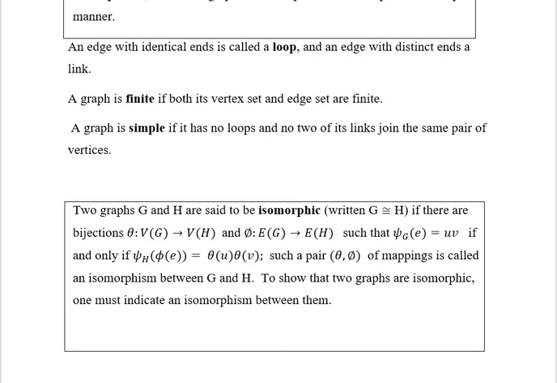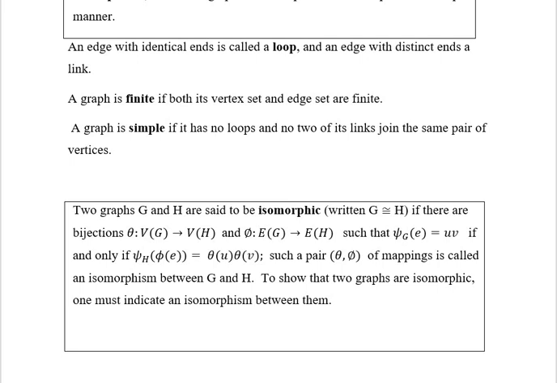Theta and phi, where theta is defined from the vertex set of G to the vertex set of H, and phi from the edge set of G to the edge set of H, such that psi G of E equals UV if and only if psi H of phi of E equals theta of U, theta of V. Such a pair theta, phi of mappings is called an isomorphism between G and H. To show that two graphs are isomorphic, one must indicate an isomorphism between them.